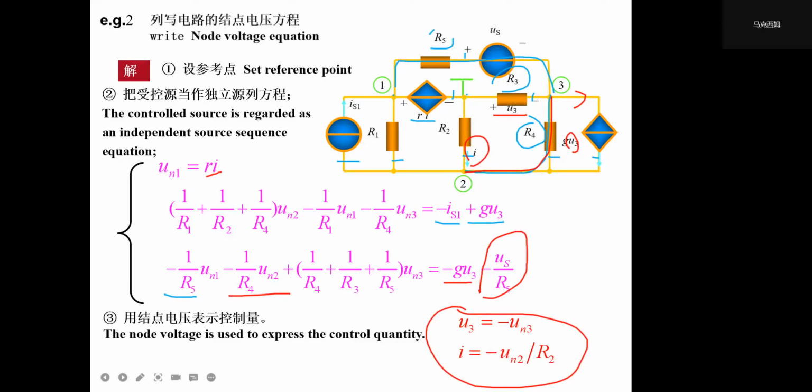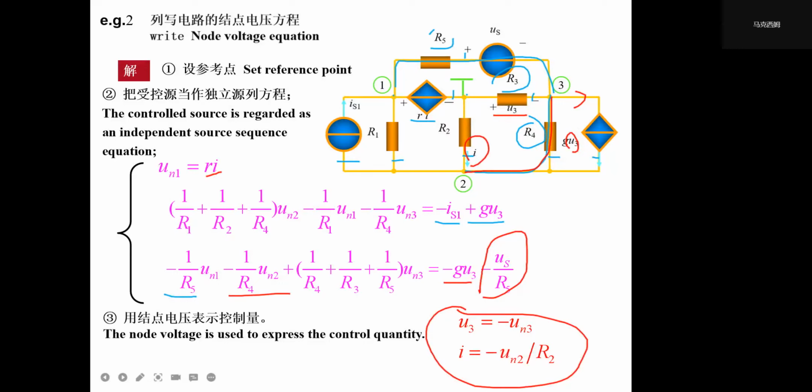So this is how we list the node voltage equations for this example. From this morning's lesson, we have reviewed the methods we learned before last week, and we also introduced the node voltage method. We have to remember that all these methods came directly from the KCL and KVL equations.